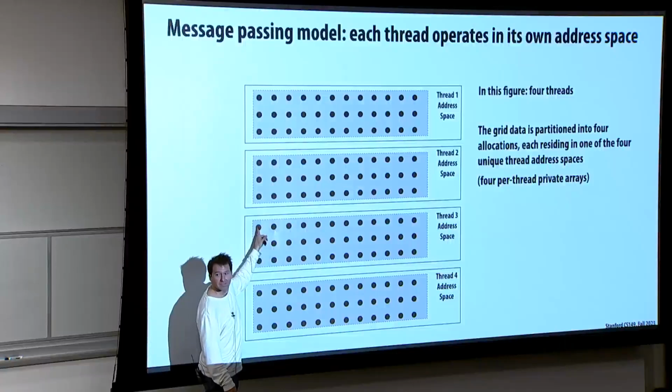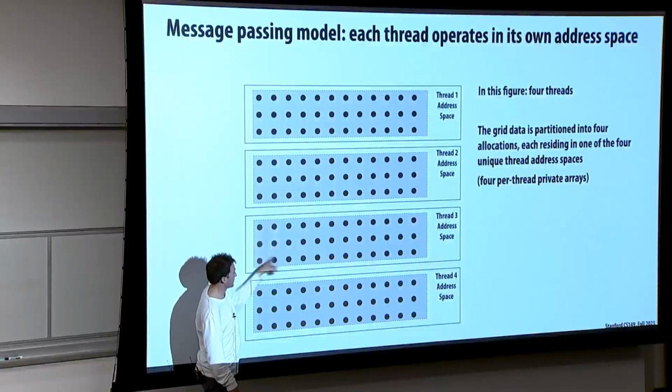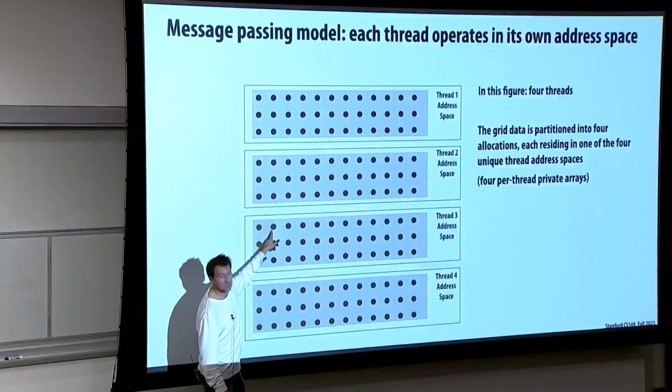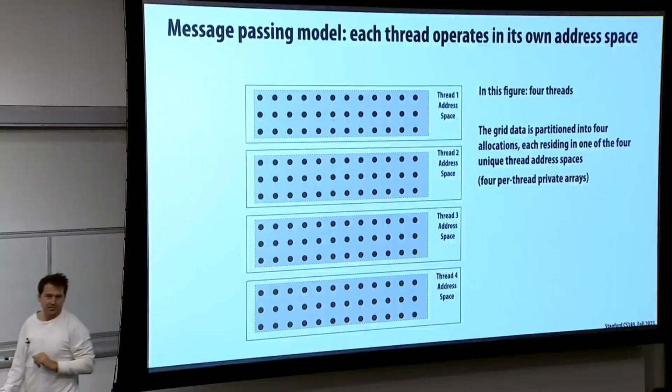I need my left neighbor, my right neighbor, and the neighbor below me, which is fine because thread 3 has all this information. But I also need information that is currently stored in an address space that I cannot access. Okay.